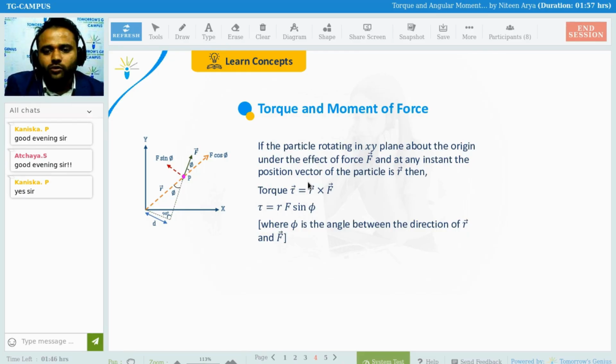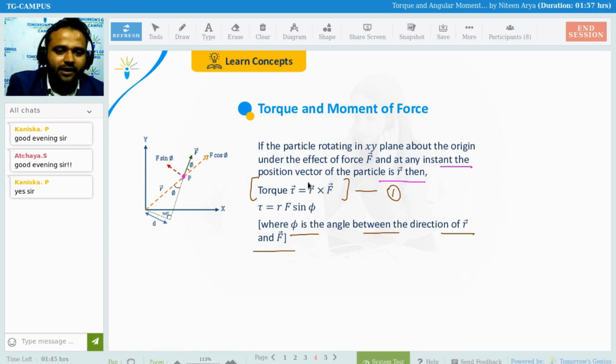Clear? So at any instant, the position vector of the particle is R, then torque tau equals R cross F. This is what you are going to see and use. Torque tau equals R F sin phi, where phi is the angle between the direction of R and F. As simple as that.